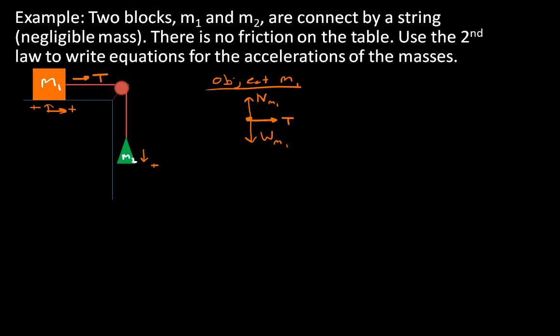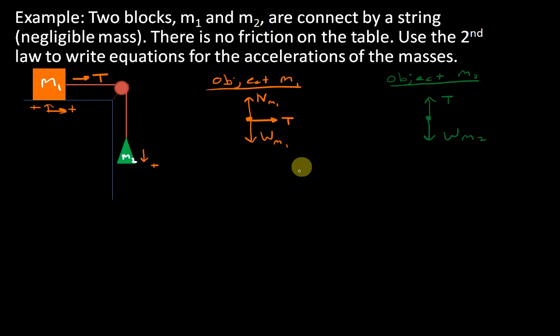For object 2, M2, look how nice and organized I am. Free body diagram. Well, I know there's the weight of M2. And there is this string here. It's connected, so there's this tension.